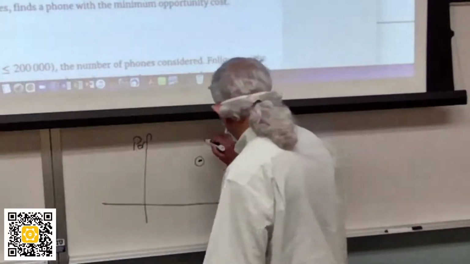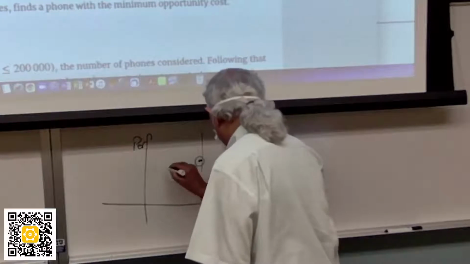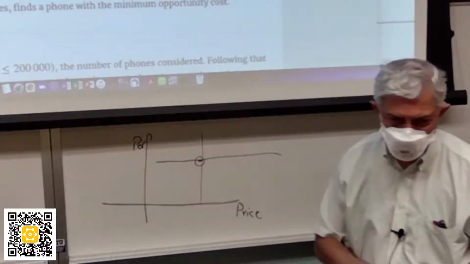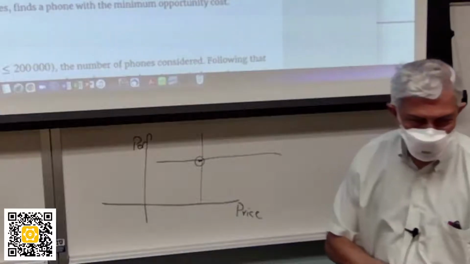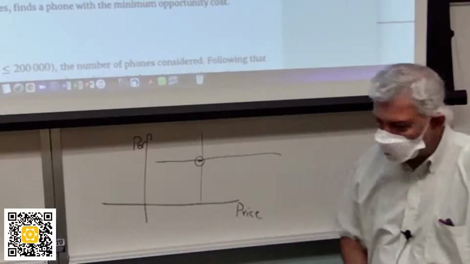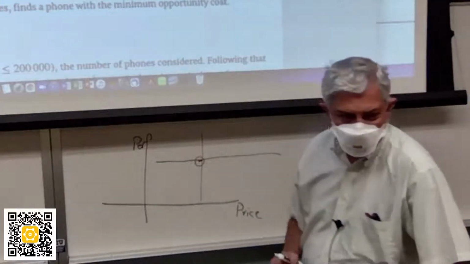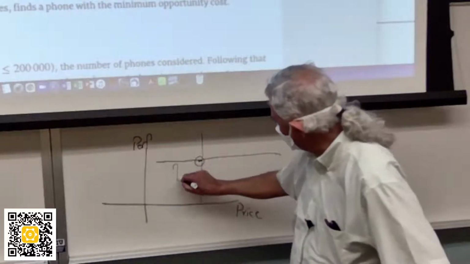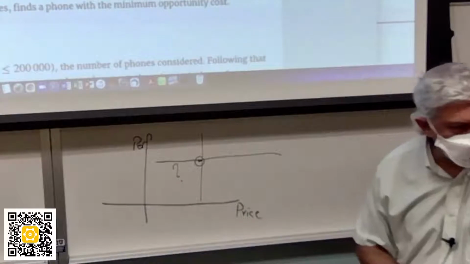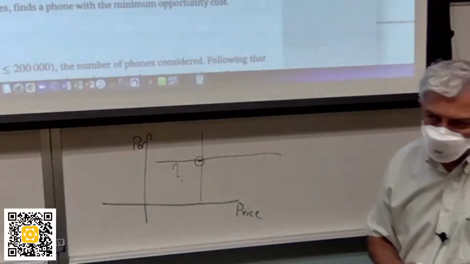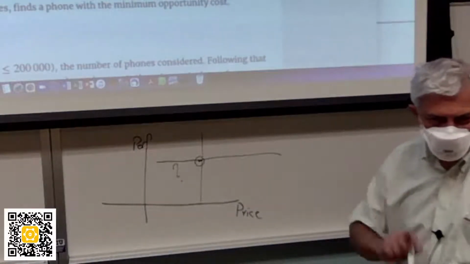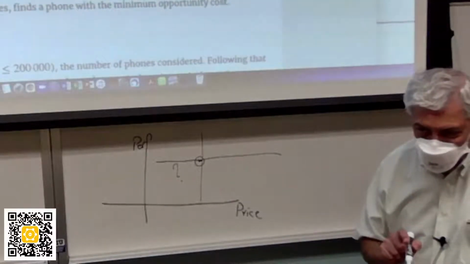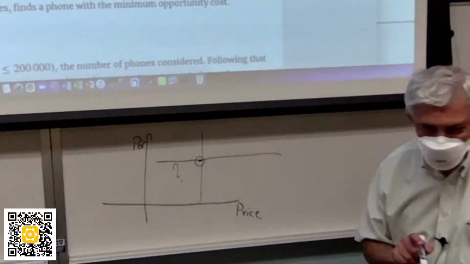Now, what I'm going to do is draw two lines, a horizontal and a vertical line. Gives me 4 quadrants. Now, what about the things over here? What's the opportunity cost of things over here? They're worse in price, they're worse in performance. So therefore, opportunity cost is 0, right?